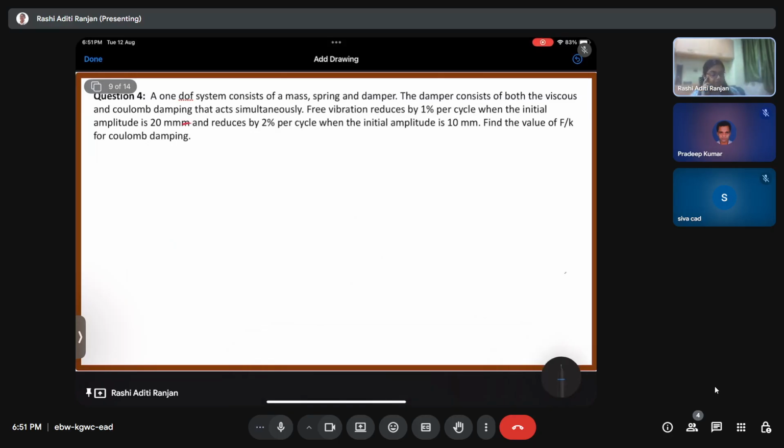Now see, okay, there is both Coulomb and viscous. Okay, so whatever be the decrement or whatever be the oscillation of the system, how is it actually happening? So we know that for Coulomb damping, the behavior was something like this.